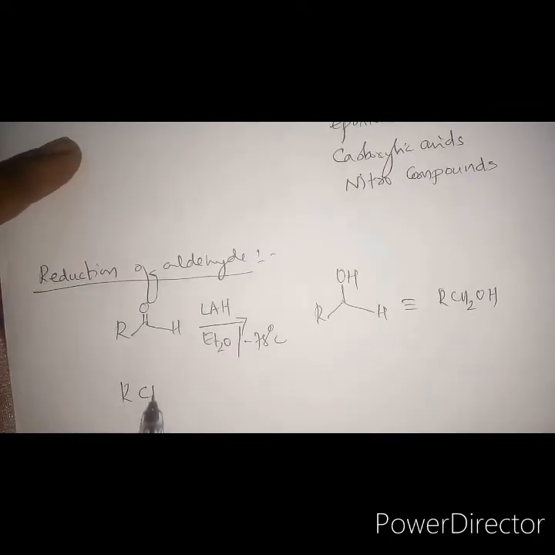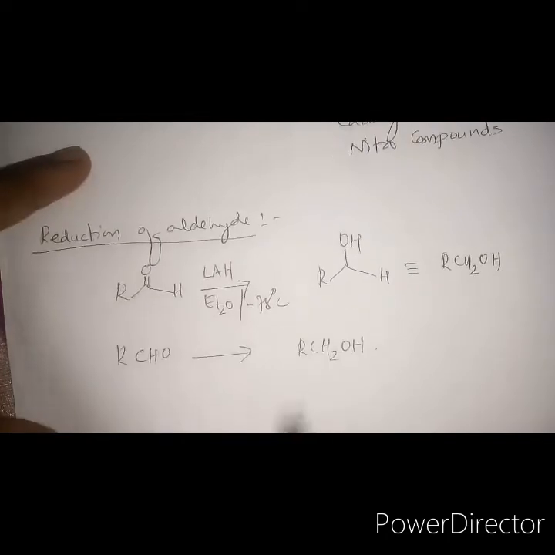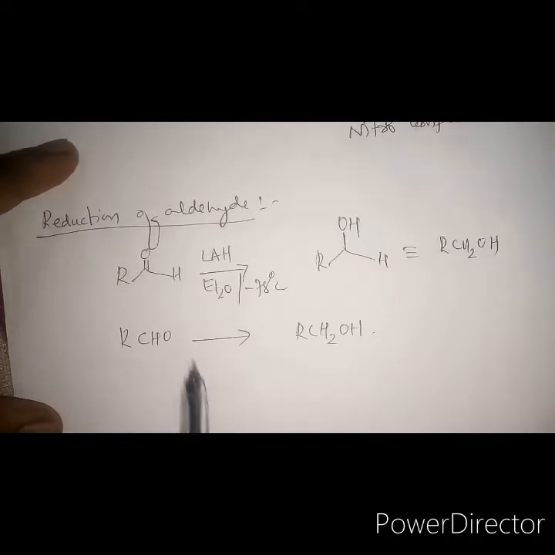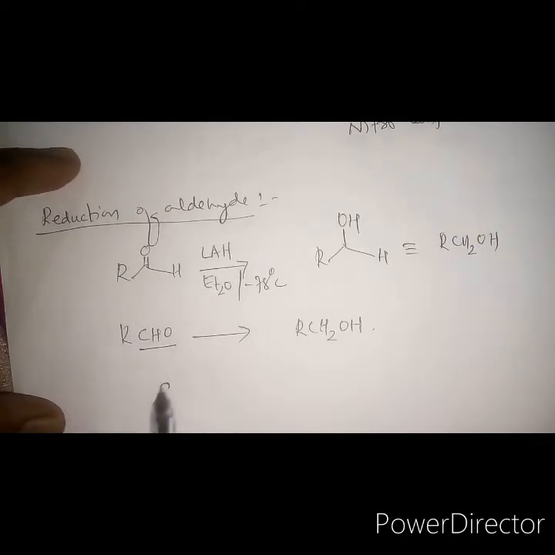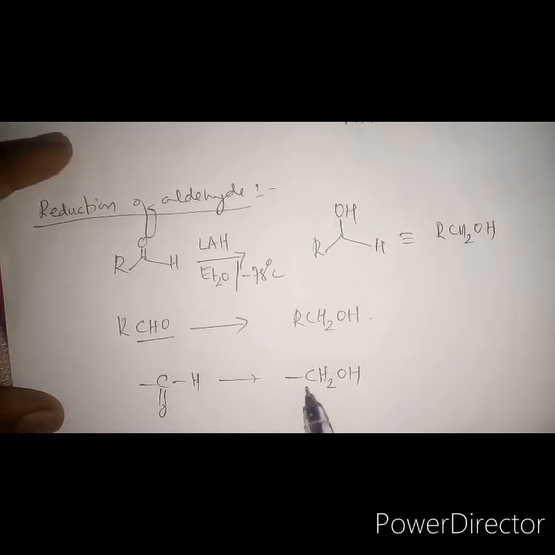In other words, R CHO goes to R CH2OH. Here the carbonyl carbon has only one hydrogen. The lithium aluminum hydride transfers one hydride to make it CH2, and the O becomes OH.